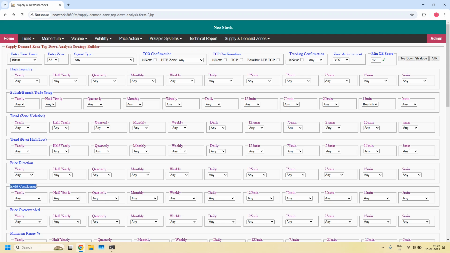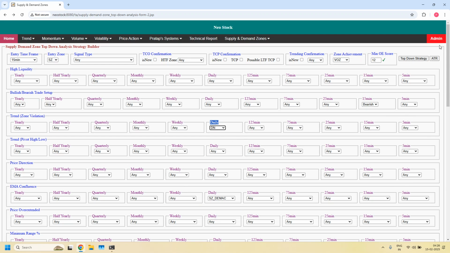In the EMA confluence at a daily time frame, I am checking daily supply zone having daily EMA confluence or not. And trend on the daily time frame should be downtrend because it is a bearish trade setup. Here zone violation trend, and daily time frame should be downtrend.